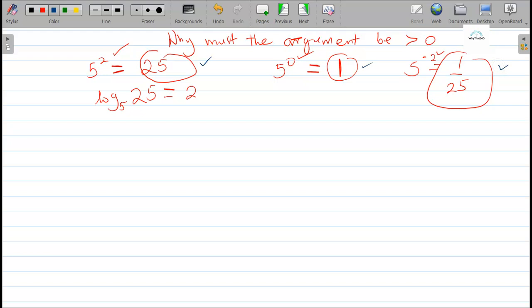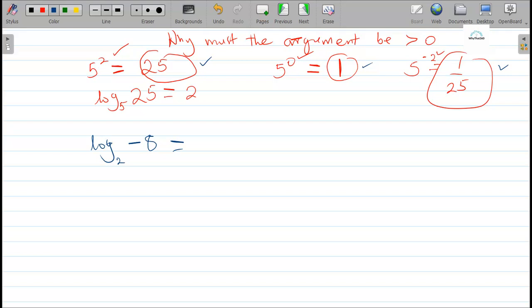So the argument, no matter what, cannot be negative. For instance, take the log of negative 8 to the base 2.